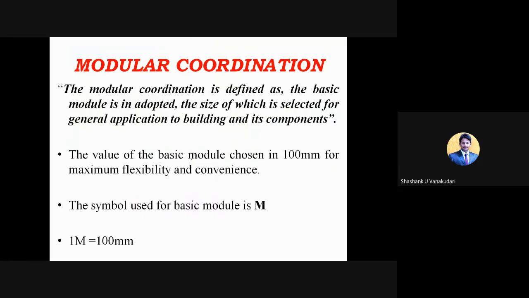Then moving on to the next concept, that is modular coordination. Just compare with the conventional building and you will understand the concept behind this. A module is what they use to measure the dimensions of precast elements. So how do we measure the door panels or window panels?